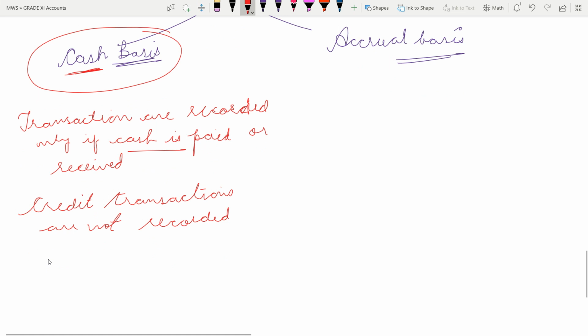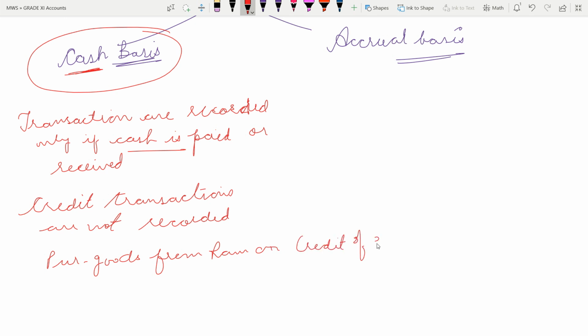Credit transaction means purchase goods from Ram on credit of rupees 20,000. Now you have purchased goods from Ram, and it is on credit of 20,000.